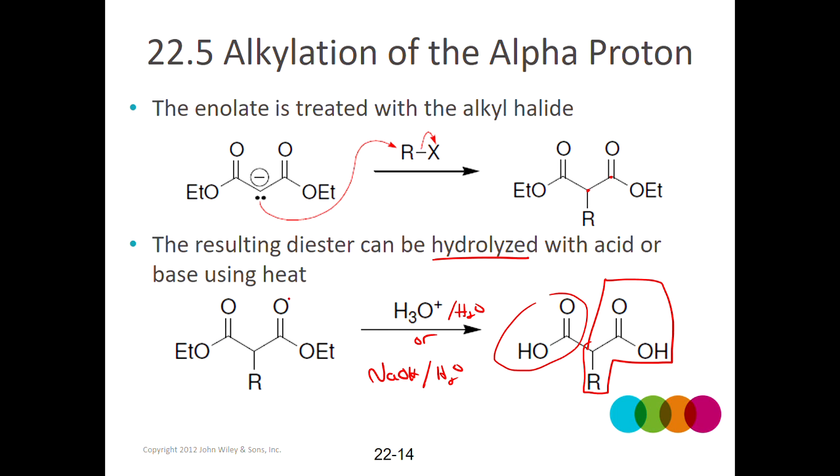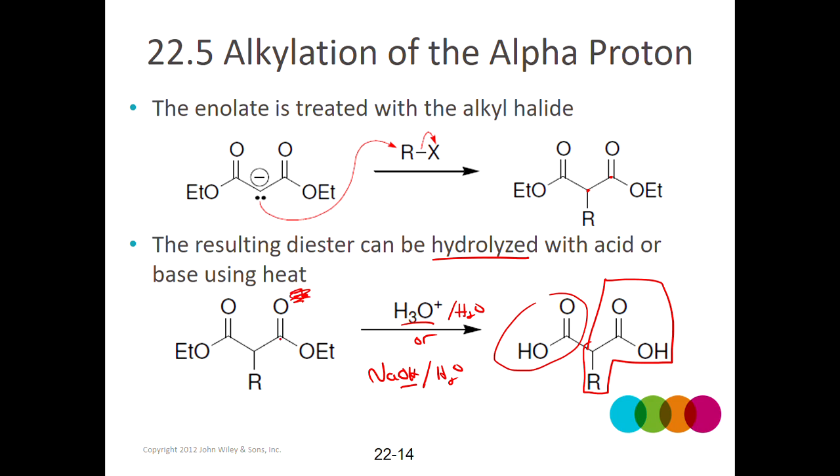So if we're using acid conditions, this would be protonated first. Water would come in and push electrons up. The water would be deprotonated, this oxygen would be protonated, electrons would swing back down, push out the leaving group, and then you'd have an OH here, and it would be in the form of a carboxylic acid. If you use base, then the OH minus would directly attack, so this wouldn't be protonated first.